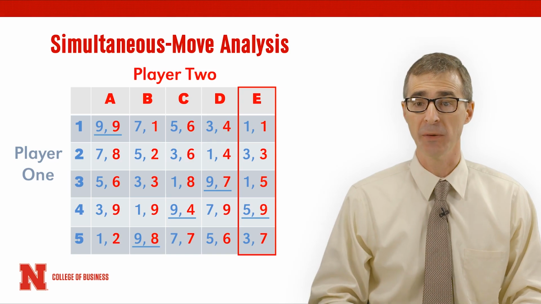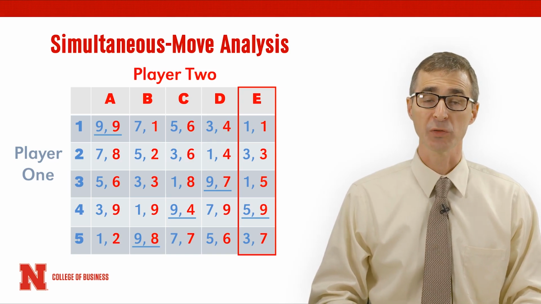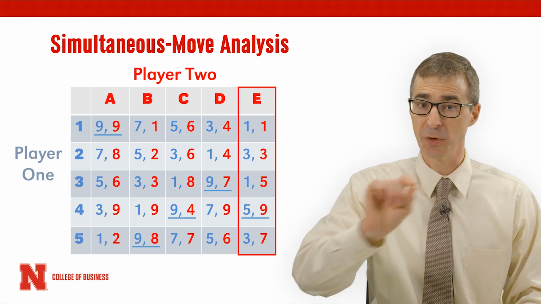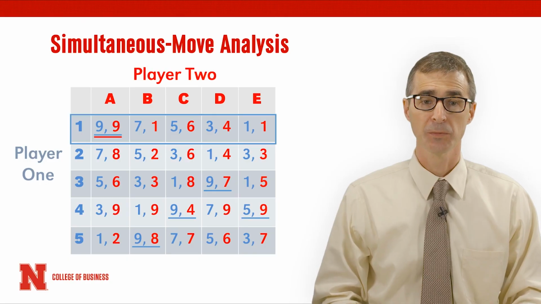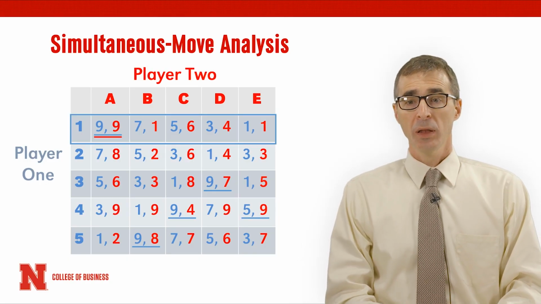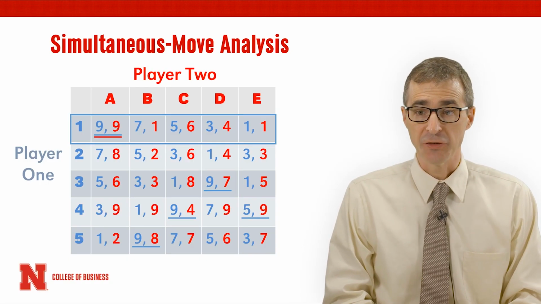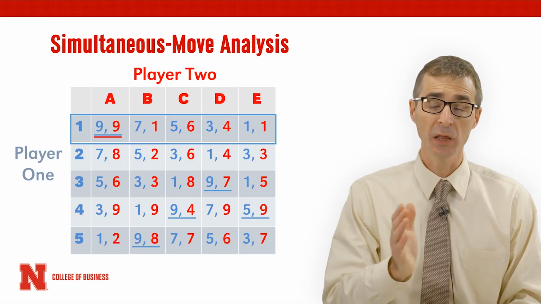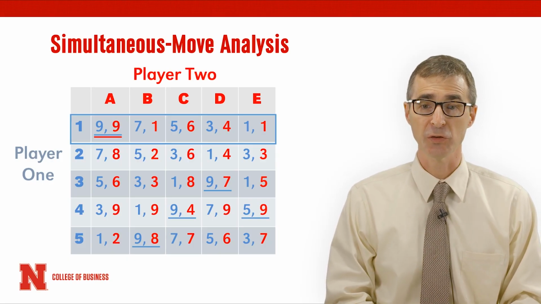We underline that. Now, we're going to switch and do the same thing, only going across rows. Let's examine each of player 1's strategies, each row, and select the column strategy that maximizes player 2's profits.